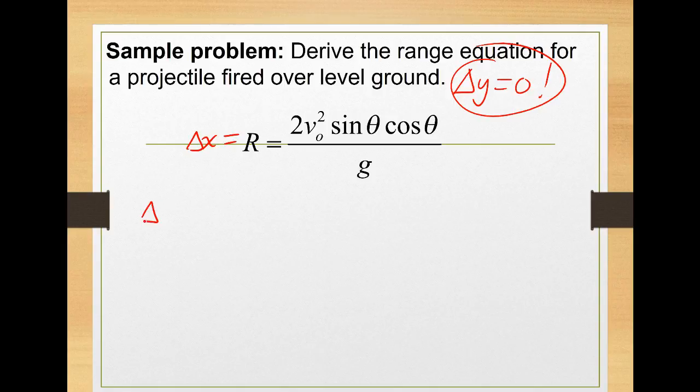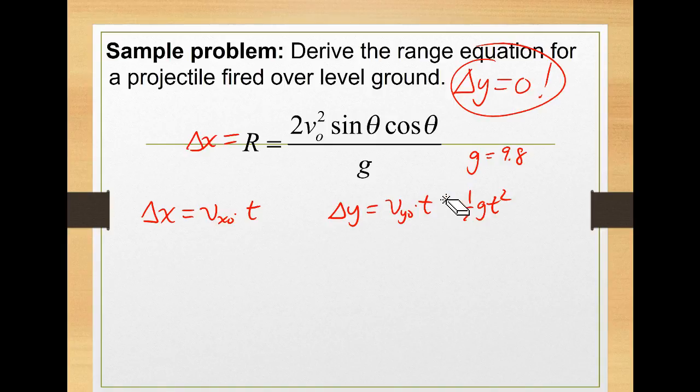So we start with that delta x is equal to vx naught times t, and delta y is equal to vy naught t plus 1/2 gt squared. And just like the last one, we're going to say for fun that g is 9.8. So this is actually going to become a negative here.